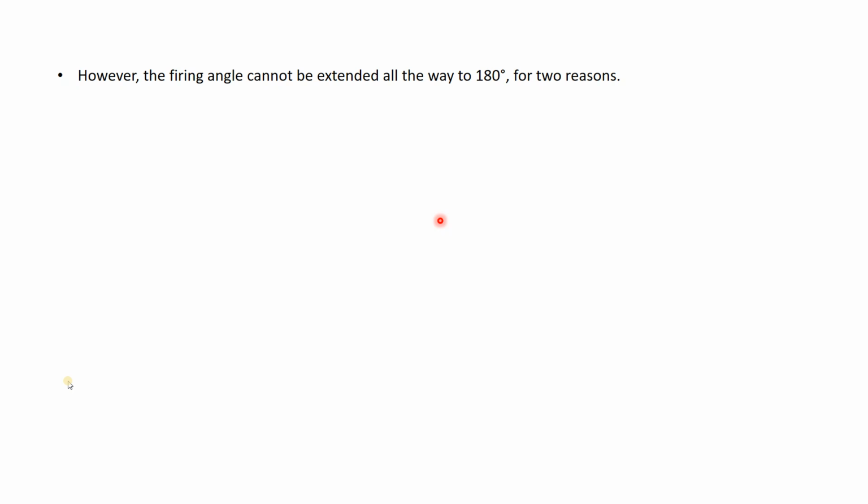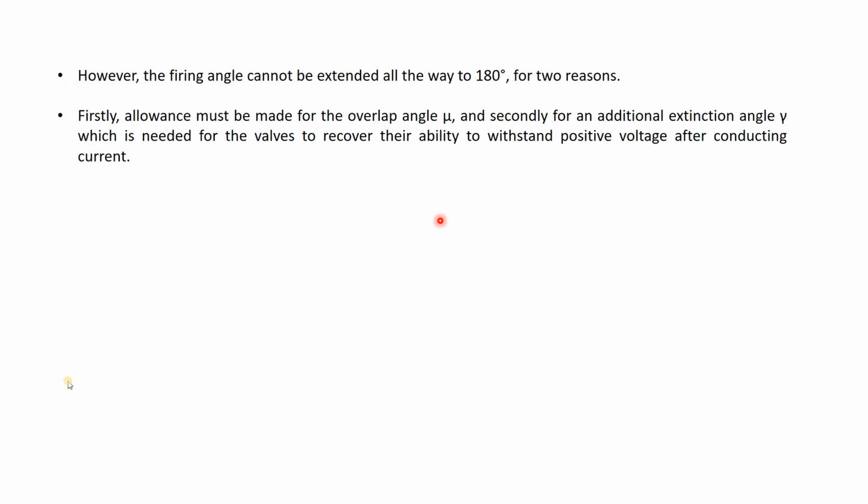However, the firing angle cannot be extended all the way to 180 degrees, for two reasons. Practically, 0 to 90 and 90 to 180 is possible, but we generally don't do that.